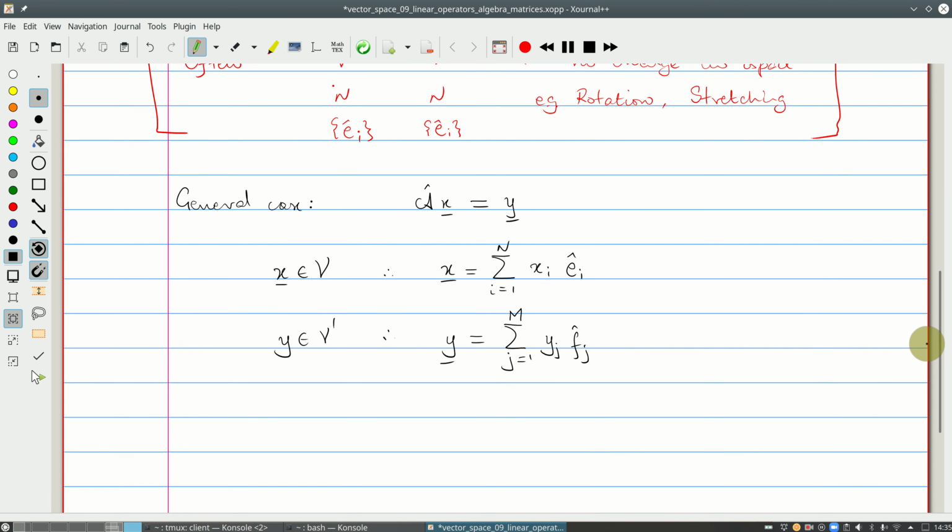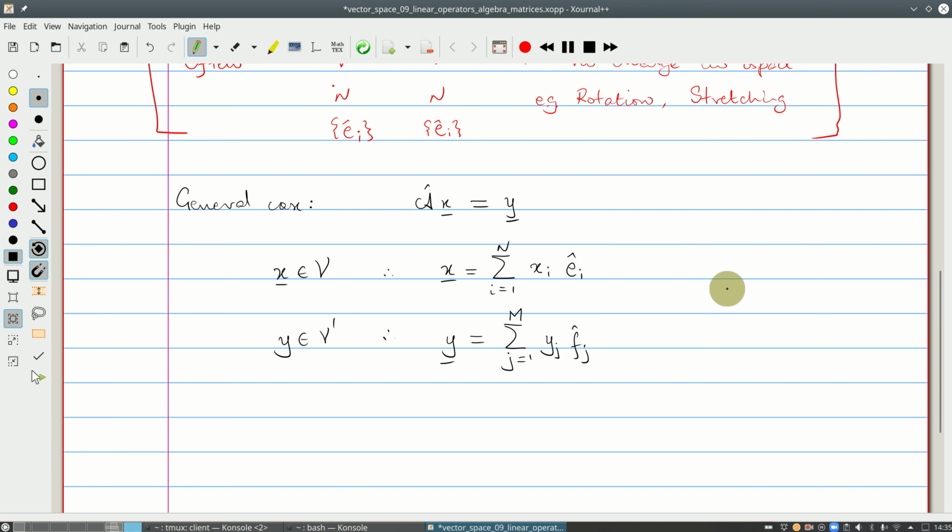Now what I want to know is, given these expansions, is there something that I can say about the form of this operator A? I need to know that every vector in the space V is written in terms of these basis vectors, e hat i.